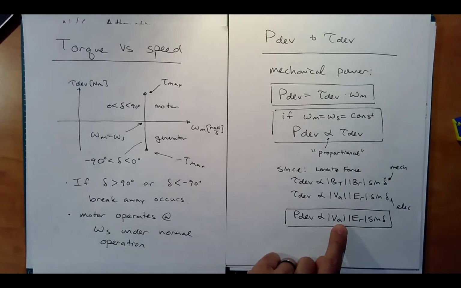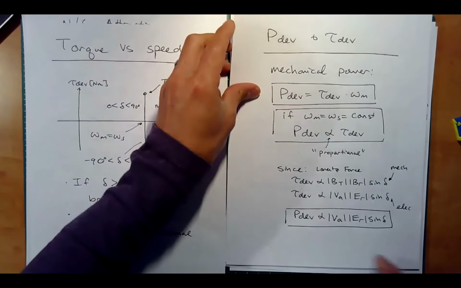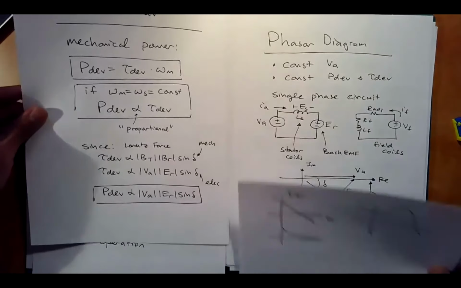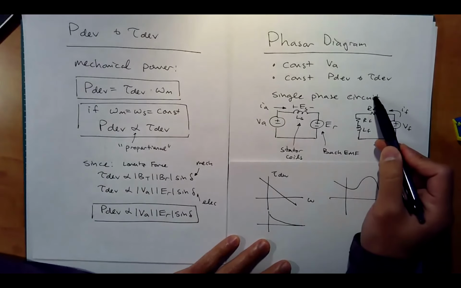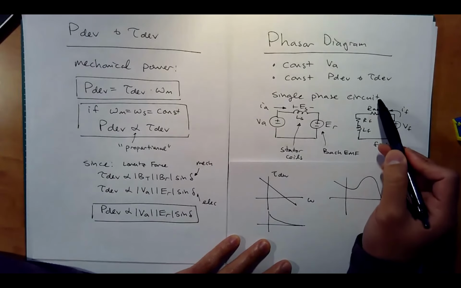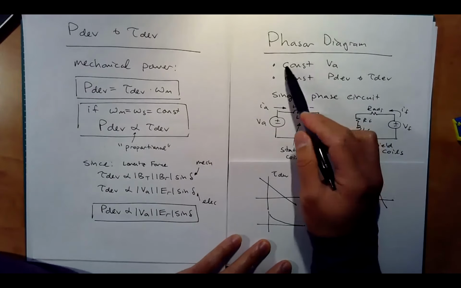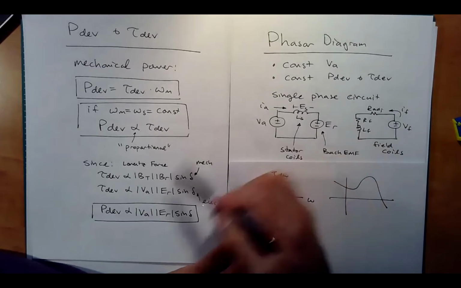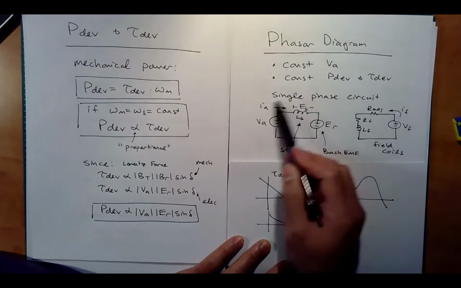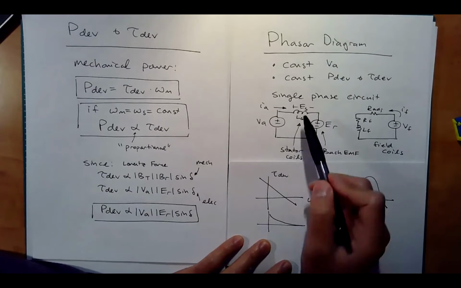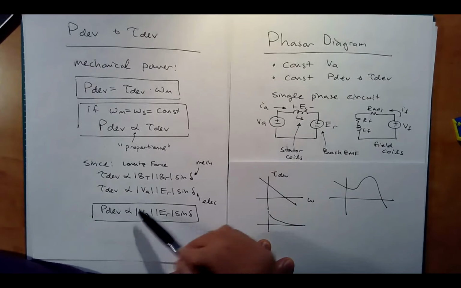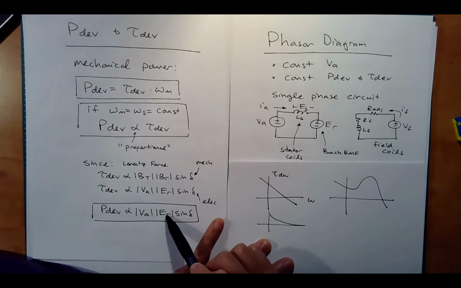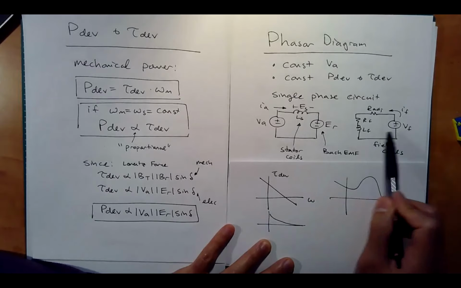So remember V_A, well, let's just bring it over. What are these V_A, E_R, and sine delta again? Well, let's bring the circuit diagram for a single phase synchronous device circuit again. We want to look at what happens if we have constant power developed and torque developed. But let's recall this. If we had a single phase, we have our input voltage from the grid, that's this V_A. We have E_R, which is our back EMF voltage, and that's coming from the field coils here.